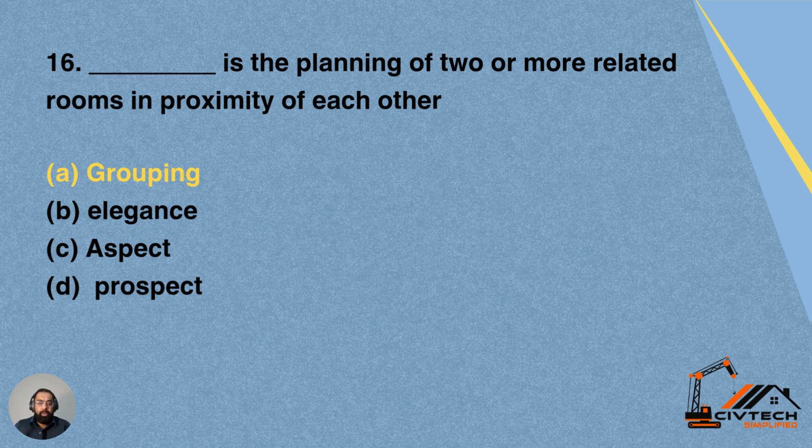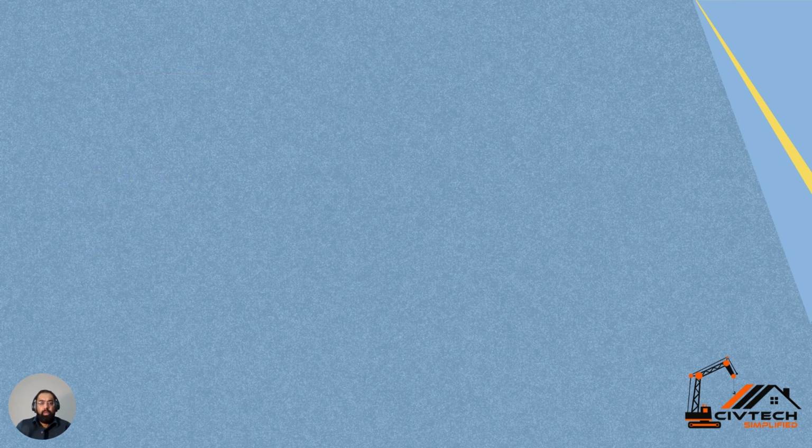So what is it? Option A, grouping of rooms. Option B, elegance. Option C, aspect. Option D, prospects. It is clear from the question as well: planning two or more related rooms in proximity comes under the terminology of grouping.